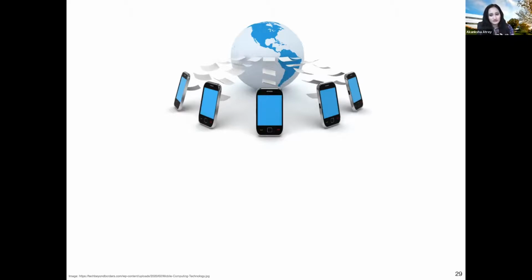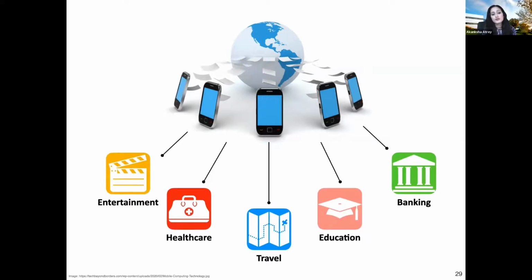And smart mobile devices are often used in various ways, very unique to the user, to offload or assist human thinking. That has resulted in a plethora of user-specific applications in many, many domains, including entertainment, healthcare, travel, education, and banking. And the primary goal is to assist humans in day-to-day tasks.